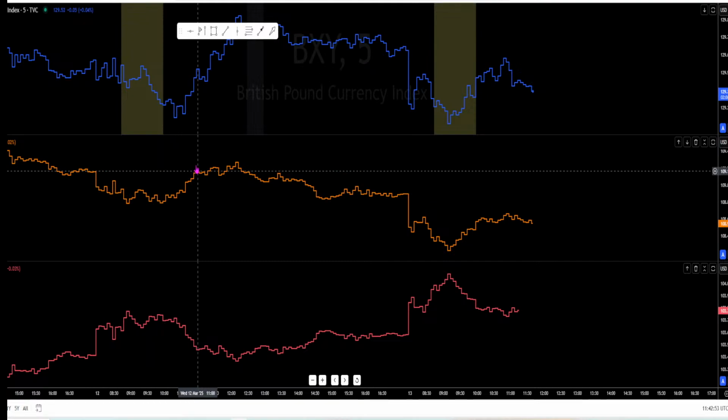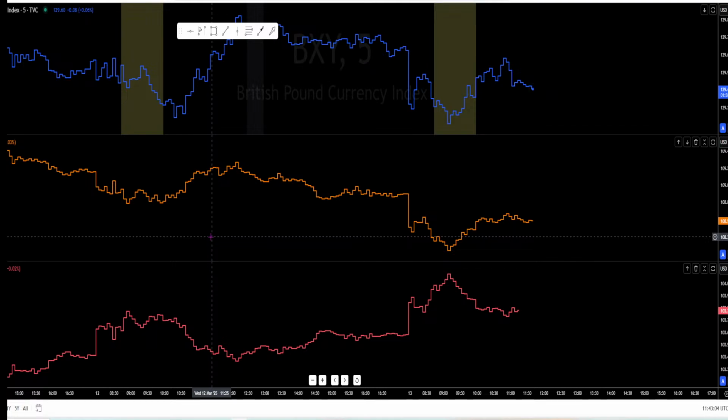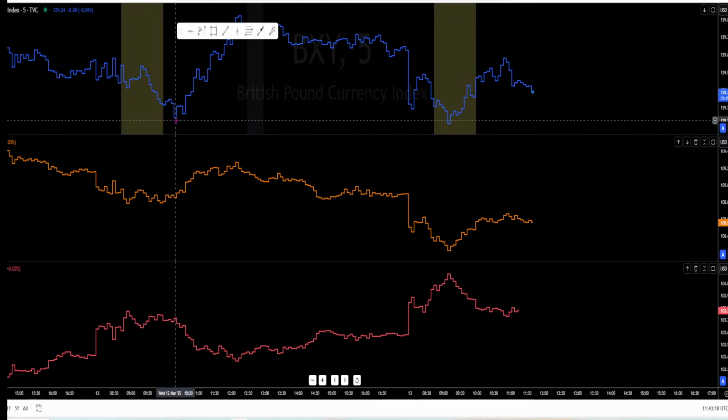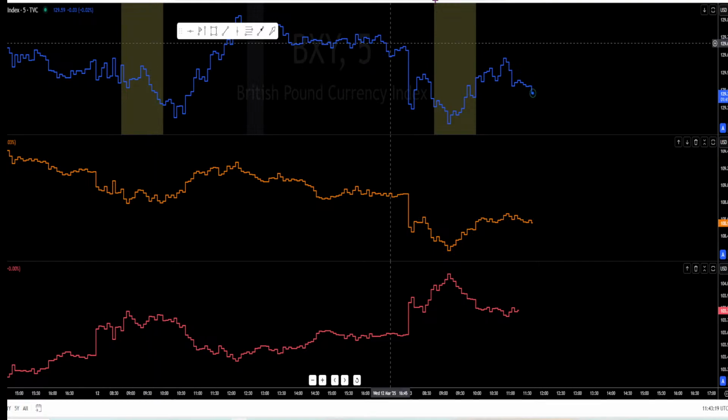The euro started going back up. The pound eventually did, although it took until about quarter after 10 before it started heading back up. But it eventually did too. And so again, you have that first hour or so, and then they tend to go back the other way again. So I'm just curious to see how sustainable these are.